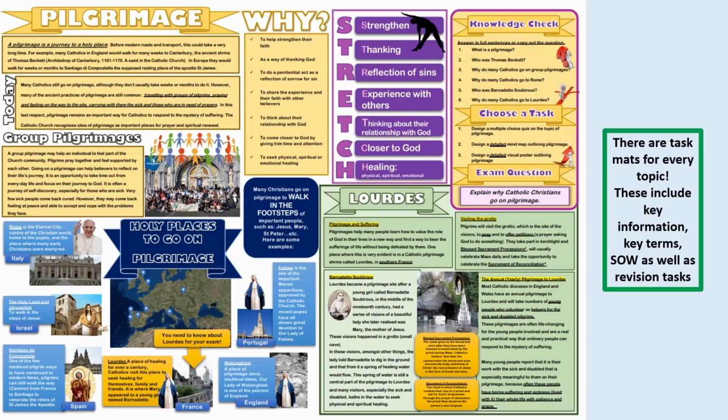They will then have some tasks that they can choose from, which are designed to help students to revise. And they will have what we call application, which is an exam question. So they then apply that learning to a B, a C, or a D skilled question. So a describe, an explain, or a discuss. So you can see the example here is all about pilgrimage, which typically is one of the topics that students find more challenging in the good and evil unit.